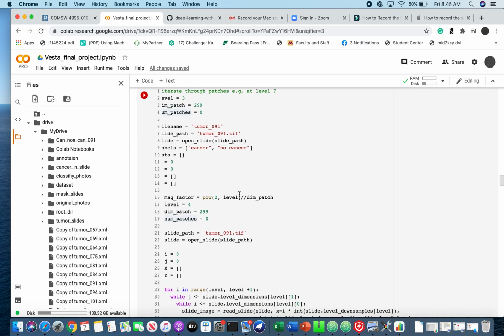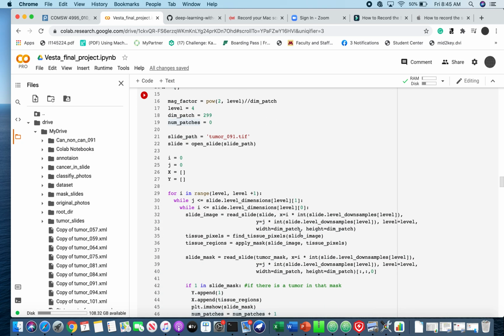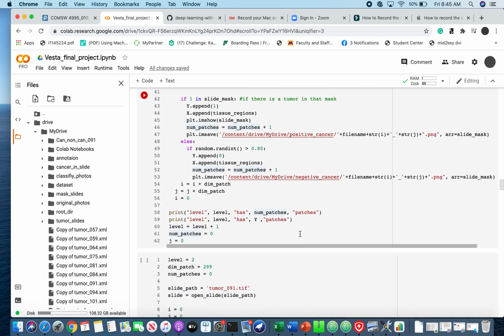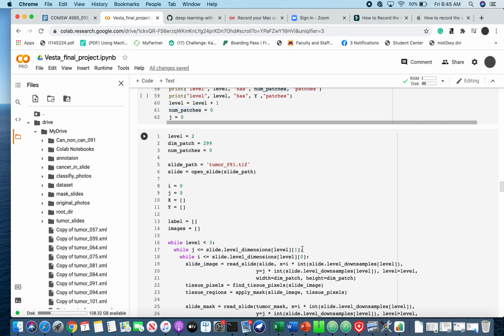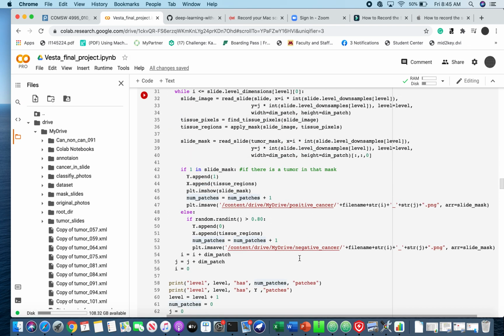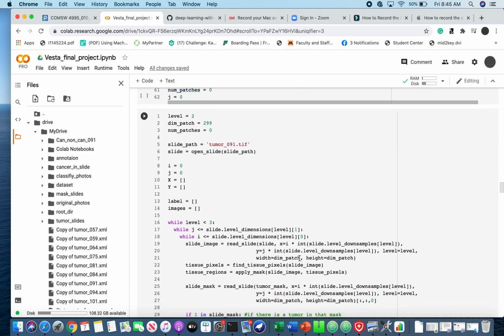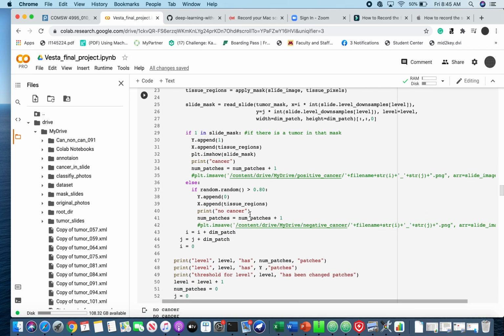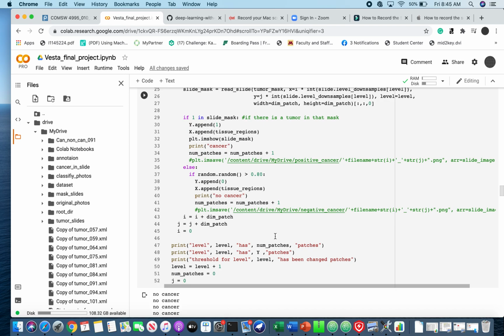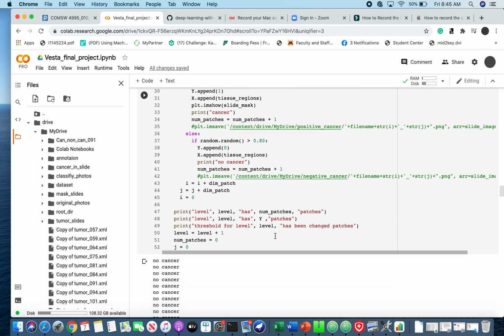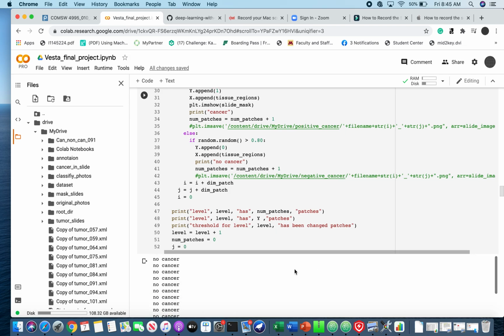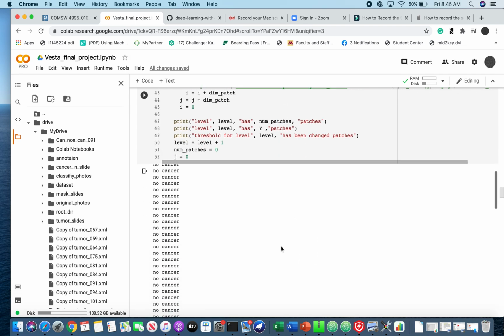So it was like two times divided by the dimension of the patch because there were a lot of other ways to see what I could learn or what I could get from this data set. And I used a threshold for that, if it's greater than 80%. And I also used the next one and I set the threshold to the same 80% to be able to extract the patches that contain the cancer.